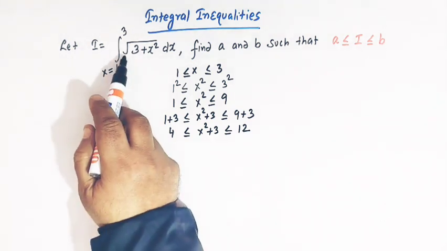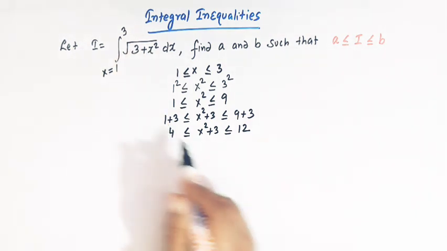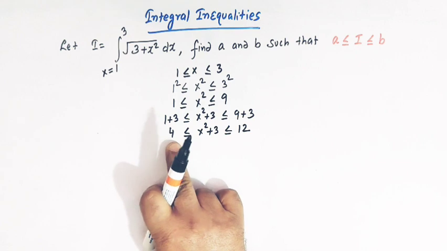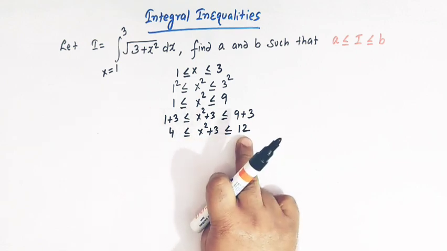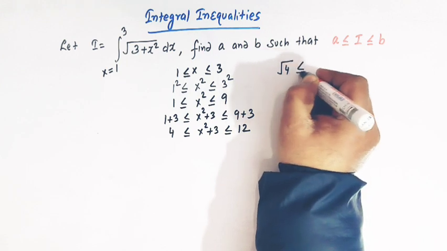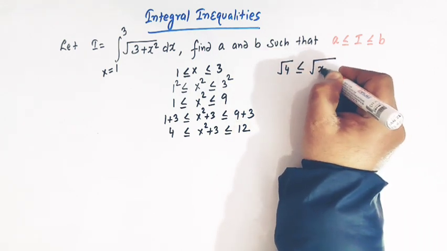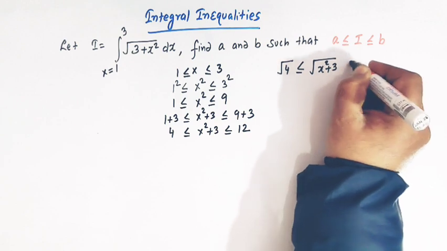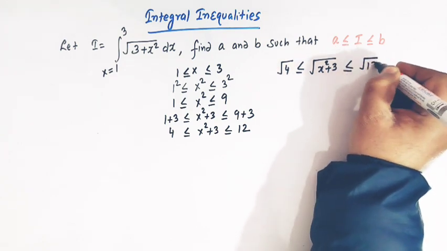Now to get the square root of 3 plus x square, we'll take the square root of all these three terms, right? So we'll get square root of 4, then here we have square root of x square plus 3, and here we have square root of 12.